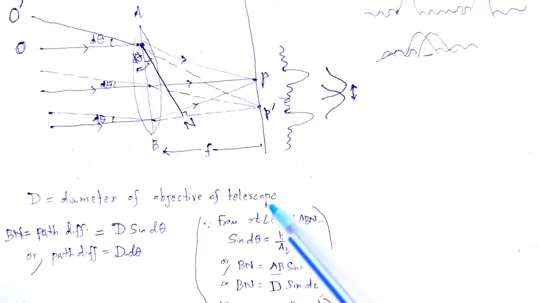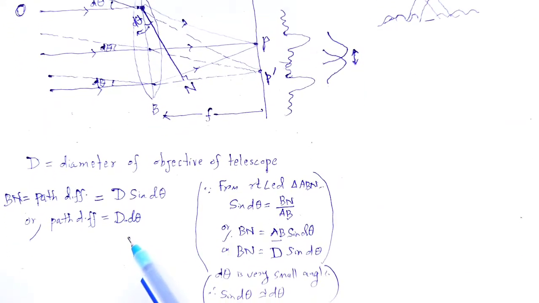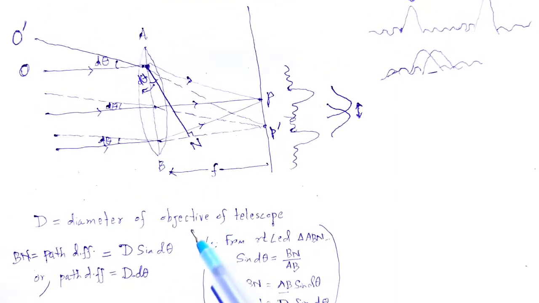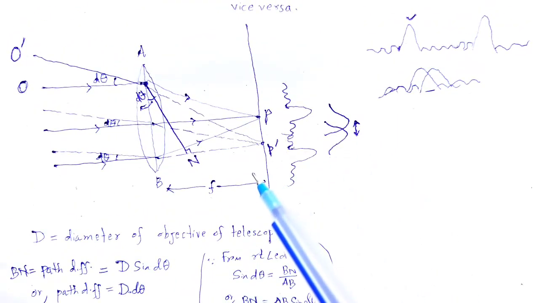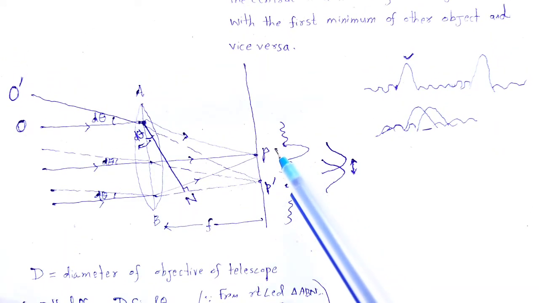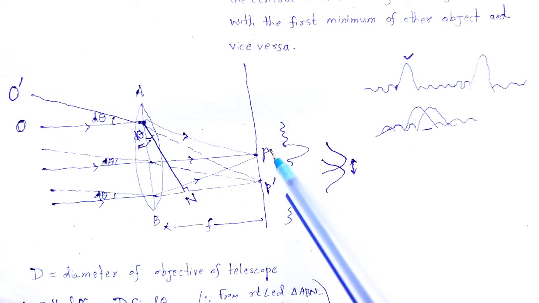If the path difference is lambda, for the first minimum, we have the path difference as an integral multiple of lambda.